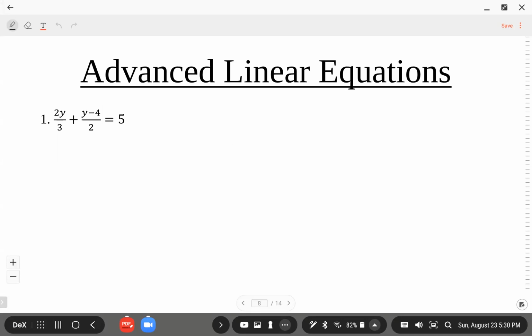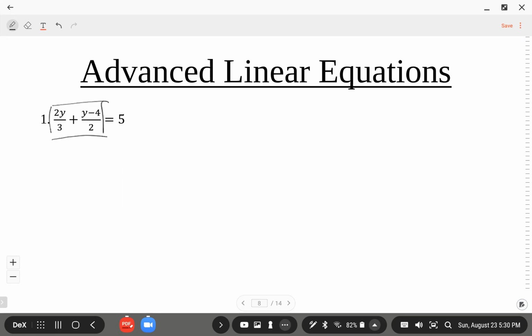So now let's start working on a new topic. Let's start working on more advanced linear equations. Look, so we have two different fractions right now. Usually we only have one, right?